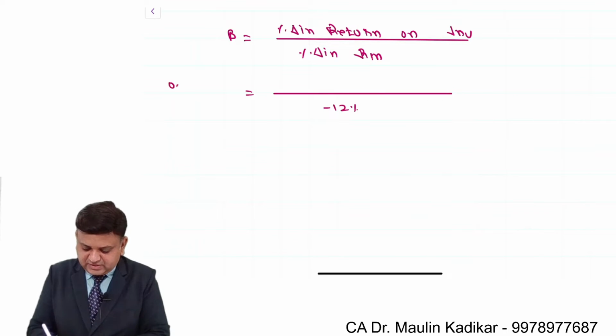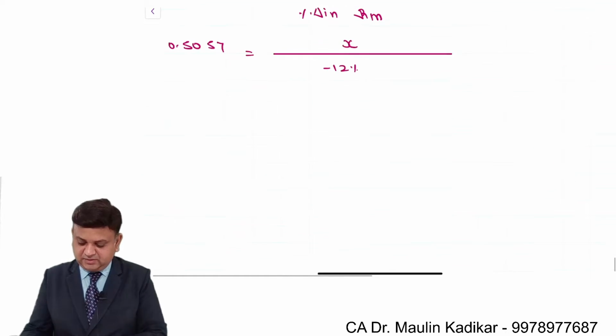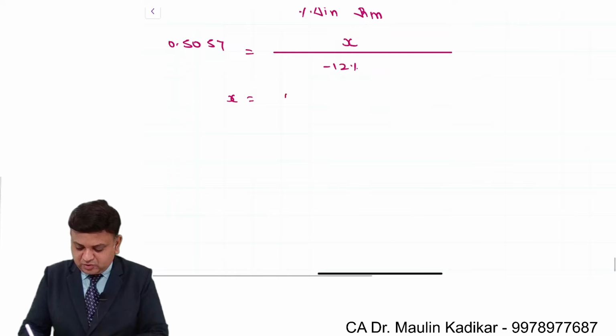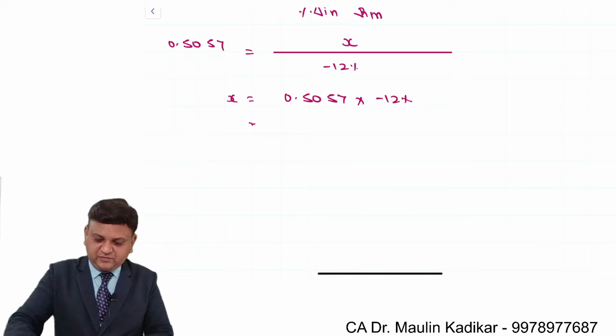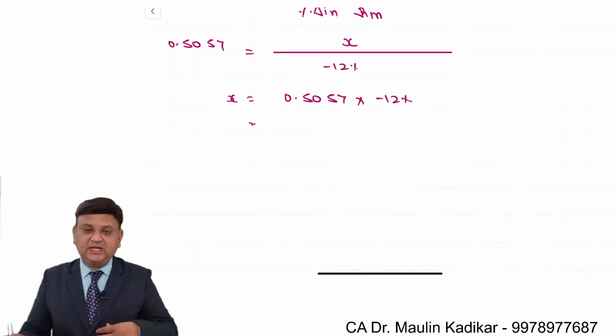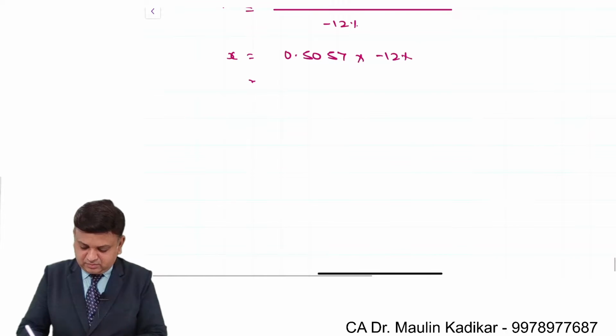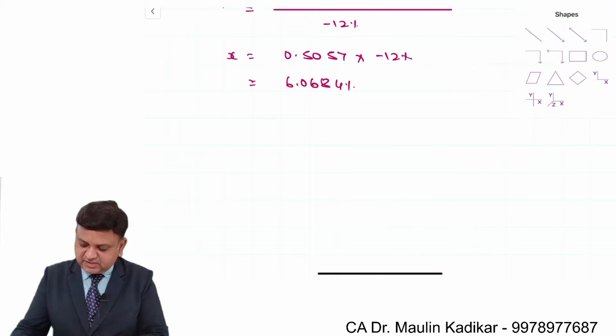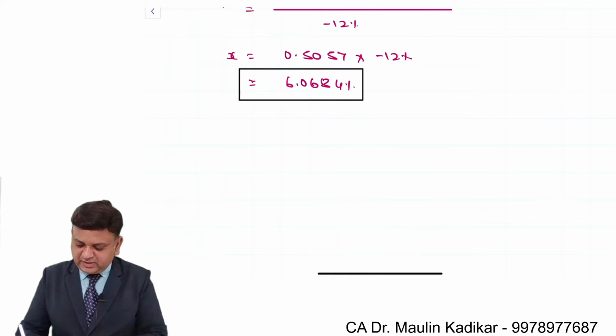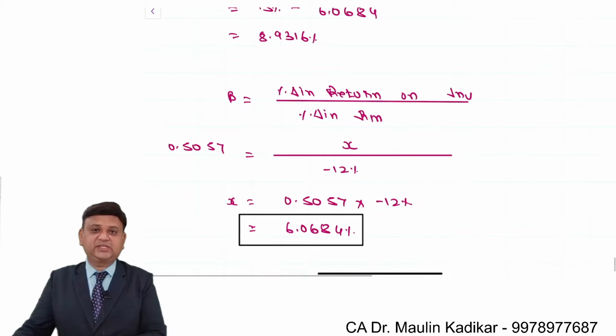Beta is 0.5057. The numerator is x. So x is equal to 0.5057 into negative 12. So 0.5057 into 12, 6.0684. So the return from the security is falling down by 6.0684. That is what we understand.